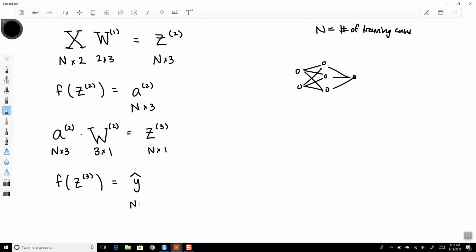This is going to be n by 1. Okay. And so this process of going from X and applying our matrices and functions, there's really just 1, 2, 3, and 4 things. This is known as forward propagation.